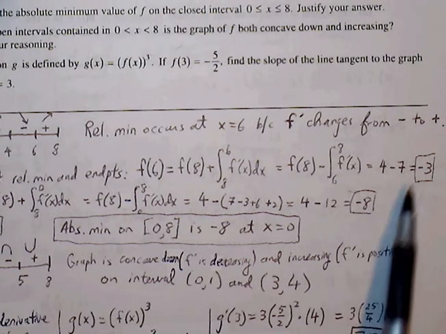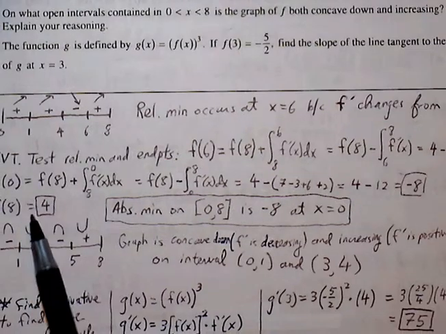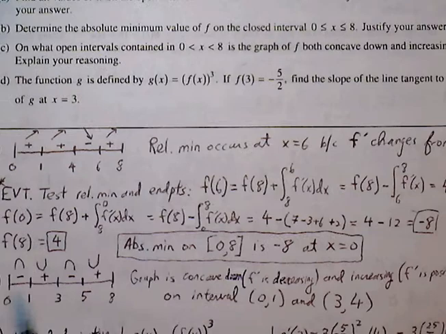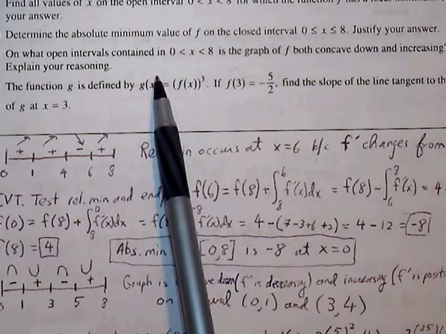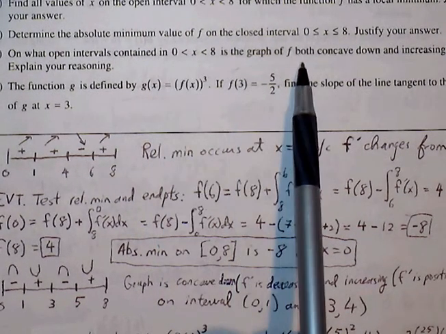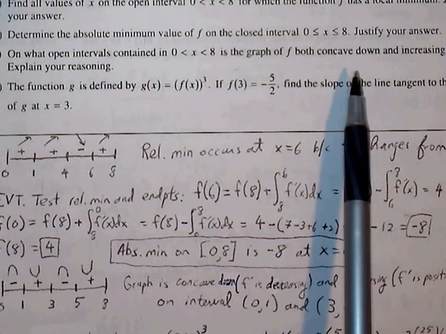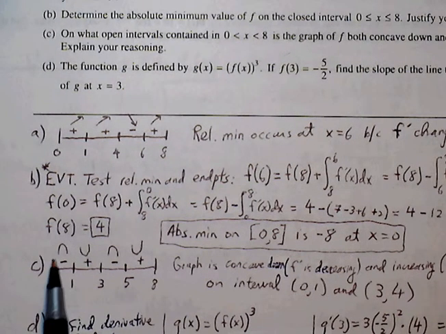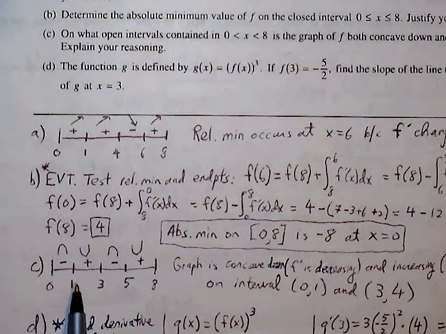Part C: on what open interval contained between 0 and 8 is the graph of f both concave up and increasing? So we're going to make a sign line. Remember, if we make a sign line for concavity, looking at the derivative graph, then anywhere there's a relative max or relative min, meaning anywhere there's hills and valleys, those are going to be our points of inflection.